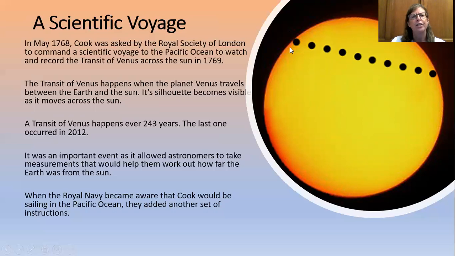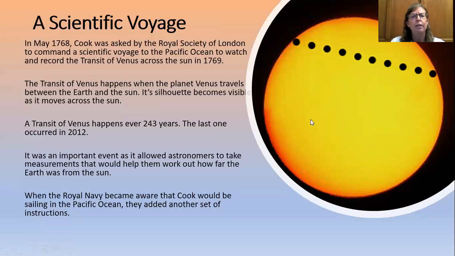A transit of Venus happens very, very rarely. The last one occurred in 2012, and the next one isn't for many, many years. It was an important event as it allowed astronomers to take measurements that would help them work out how far the Earth was from the Sun.